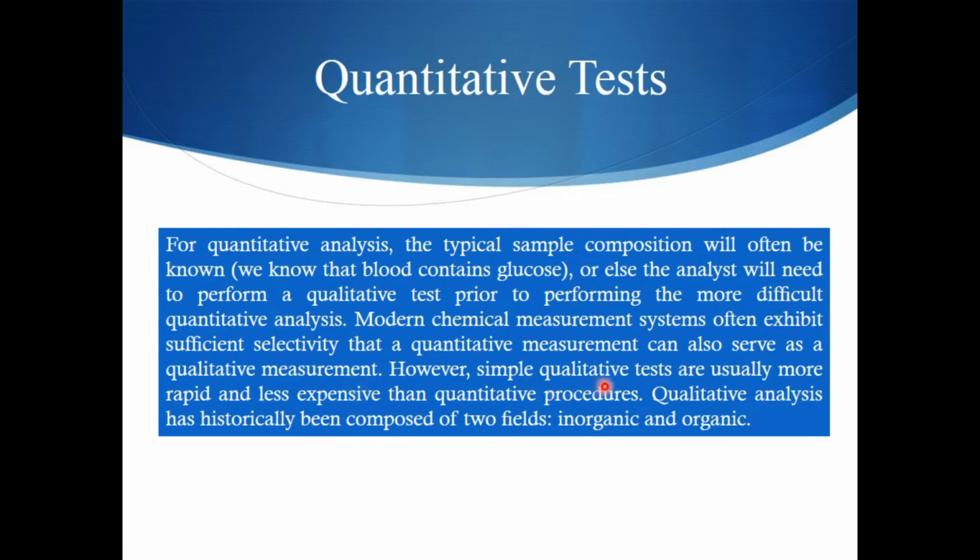However, simple qualitative tests are usually more rapid and less expensive than quantitative procedures. As I have already mentioned, qualitative tests are simple, rapid and less expensive than quantitative procedures.